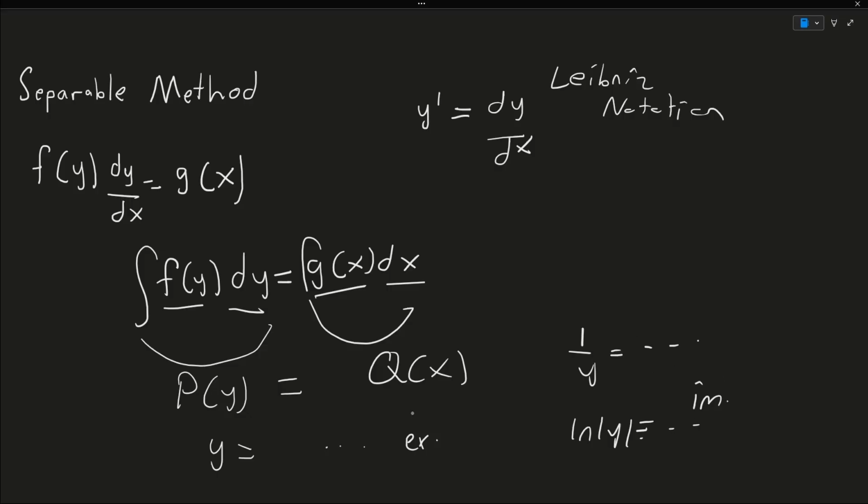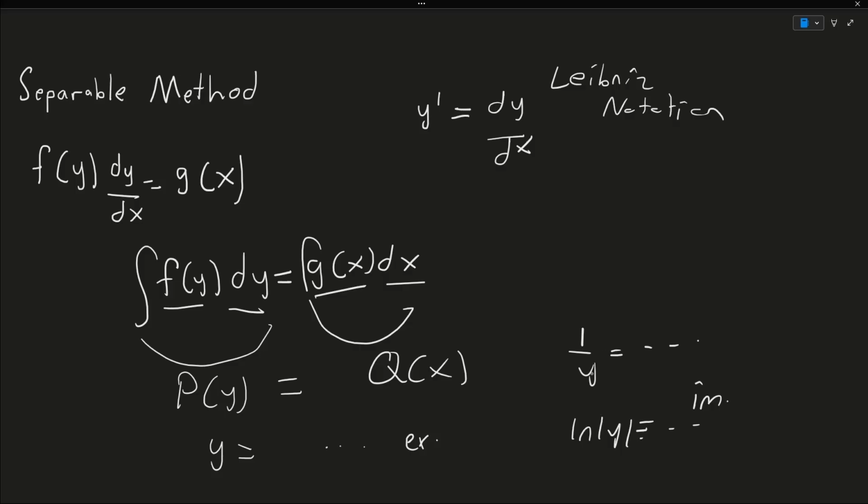So if a question is asking you to find the explicit solution of a differential equation, you have to say y equals, okay? You're going to solve it and give me what y is. However, if it's not saying you need an explicit solution, you can just solve it with this method.